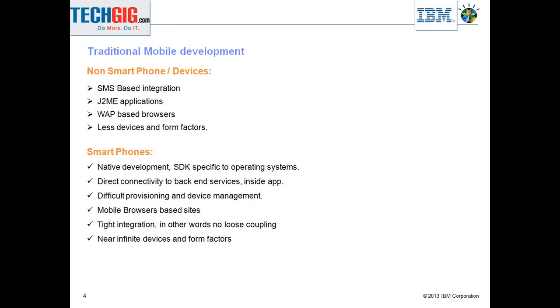The non-smartphones or devices were predominantly SMS-based integration. They were J2ME applications developed with a limited set of functionalities. Then we had web-based browsers which had some level of navigation to fetch the data and do transactions in a mobile browser.